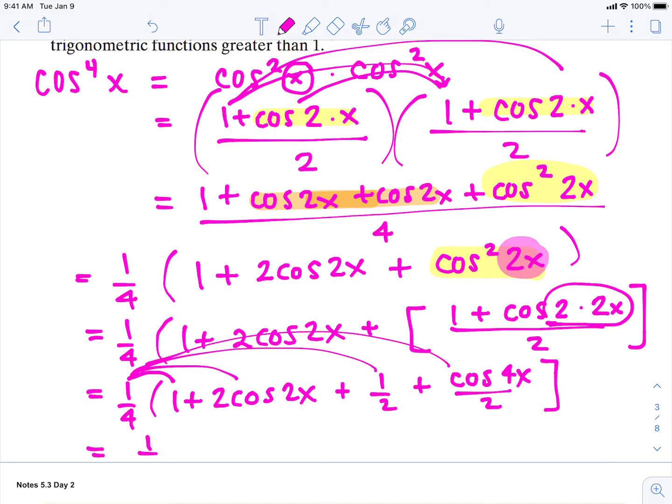So we're going to distribute to all of those terms. So you're going to get 1/4 in the first term, 2 cosine 2x divided by 4, and then 1/4 times 1/2 is 1/8, and then cosine 4x, 1/4 times 2 is 8.